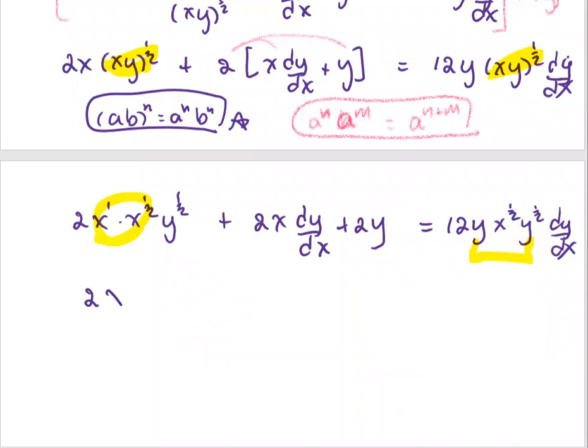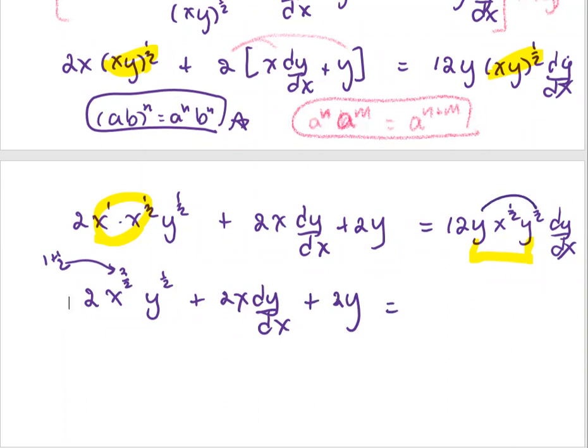So it becomes 2 times x to the power 1 plus 1 half, which is 3 over 2, times y to the power 1 half, plus 2 times x dy by dx plus 2y equals, for this part, you're going to have 12. I'm going to write x first and then y to the power.